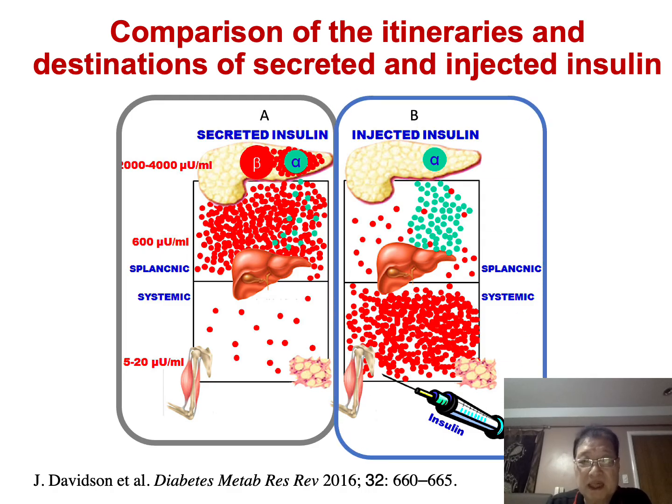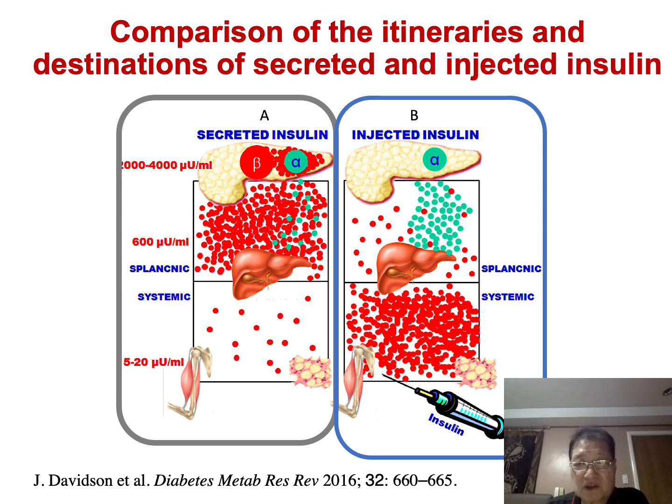You can see B, subcutaneous injected insulin. The pathway and target of injected insulin are different. Subcutaneously injected insulin will remain at the injection site for about 10 to 50 minutes or longer. Thus, no suppression of glucagon is possible as the nutrients enter the circulation. The high glucagon level entering the portal vein will maintain fasting level of glucose production.